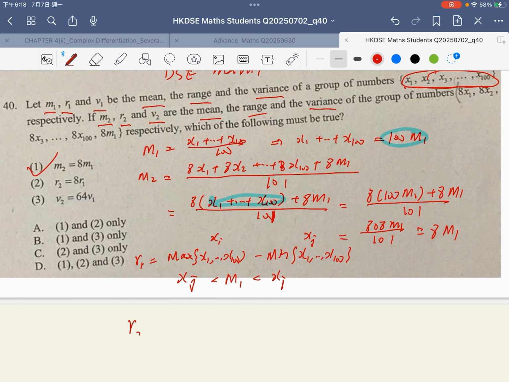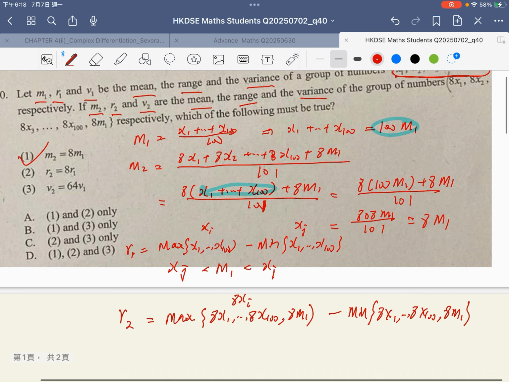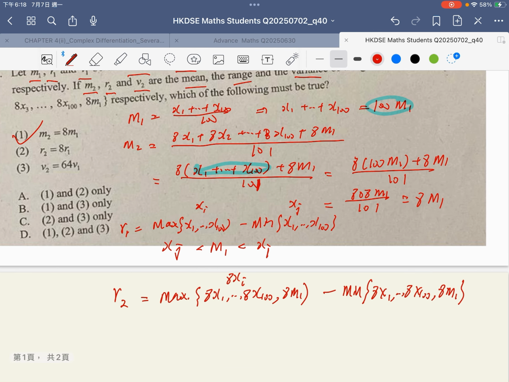That is true. Therefore, for R2, the maximum of x times x1 to x times x100 and also the extra term x times M1 should be equal to x times xi minus the minimum.